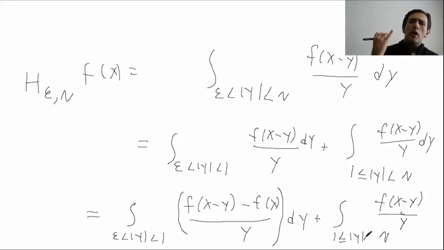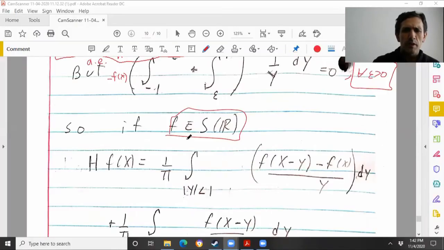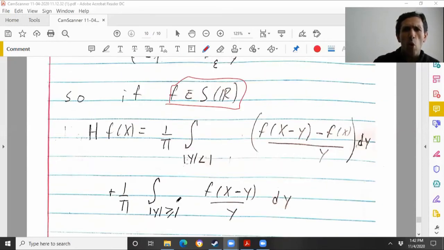Okay, so no matter how, in any way, shape, or form, you let epsilon and N go to 0 and infinity respectively, for a Schwartz function, we have rigorously shown that you're going to get this quantity here, which is absolutely well defined as two improper Riemann integrals. Okay. Now, what you could also do is write this out.